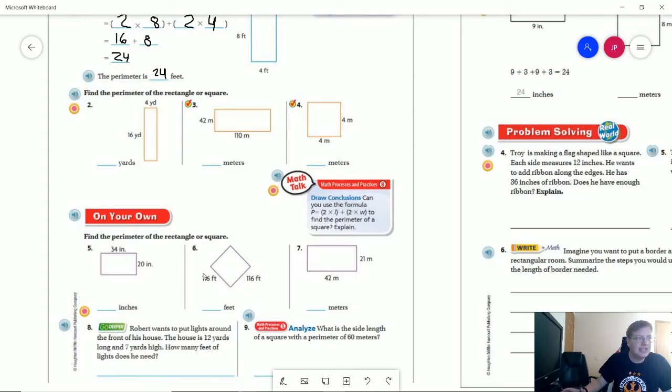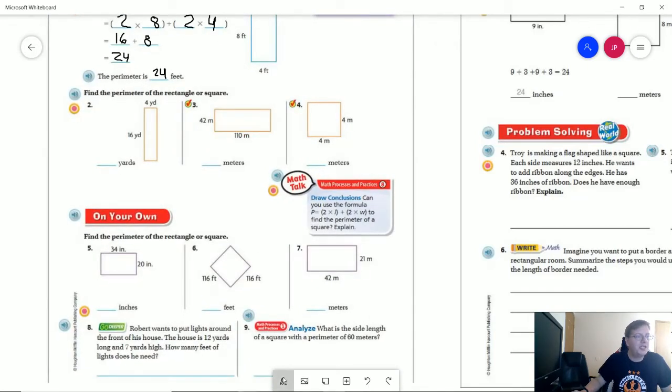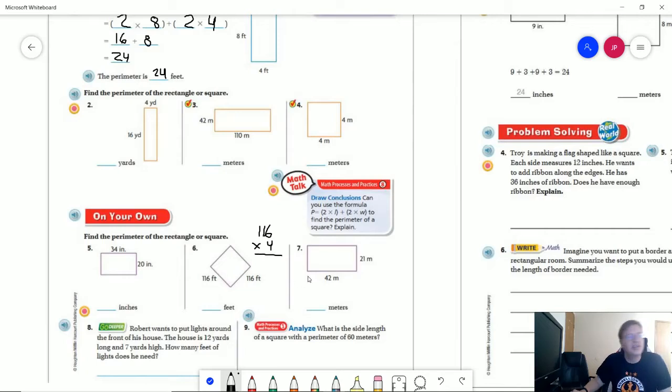If you are less comfortable, you could use repeated addition, but I would suggest just writing out 116 times 4, which would probably be easier than writing out 116 plus 116 plus 116 plus 116 and answering that. So this would be what we would be looking at for that.